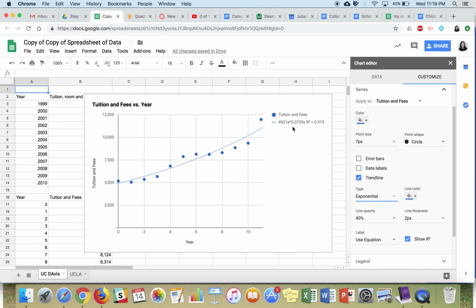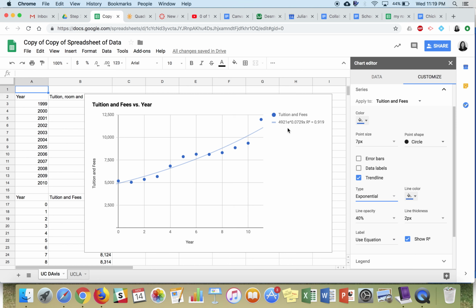And then it changes it, and it's always going to give exponential as continuous compounding. That should sound familiar. So notice we have e, our Euler's number. So we have 4,921 times e to the 0.0729x.